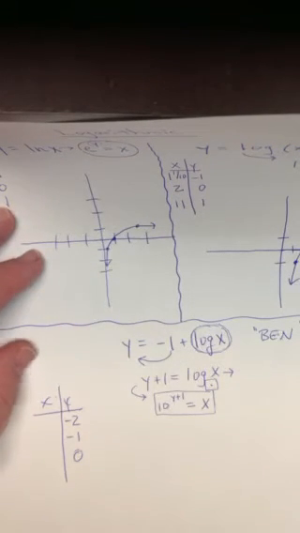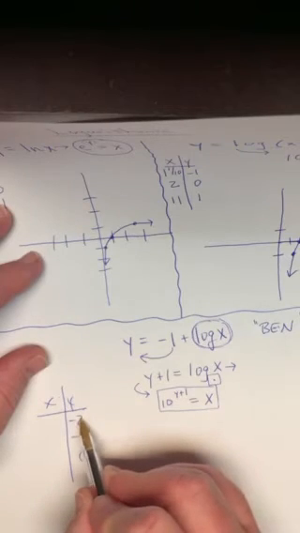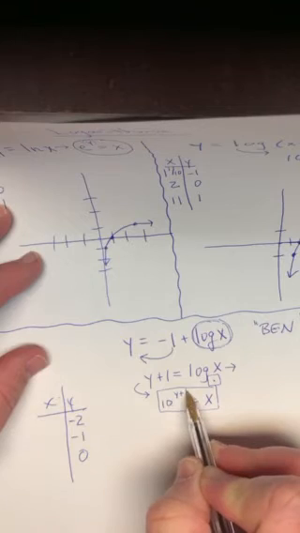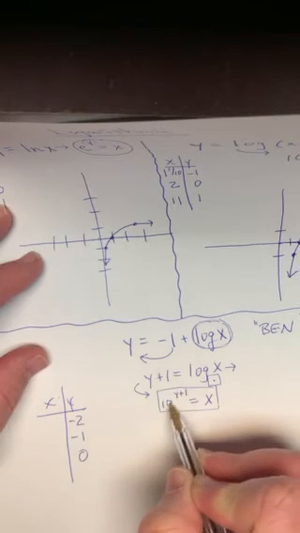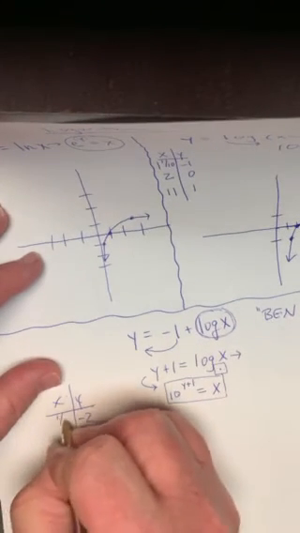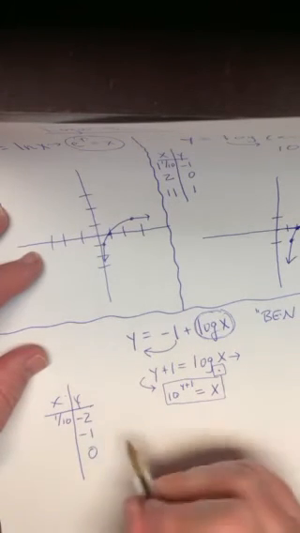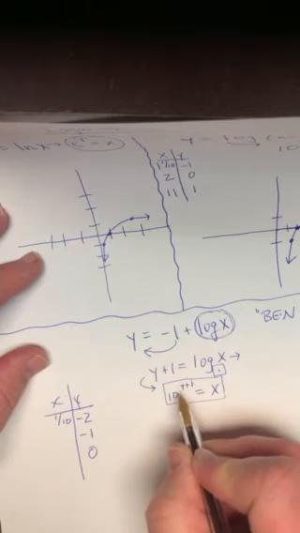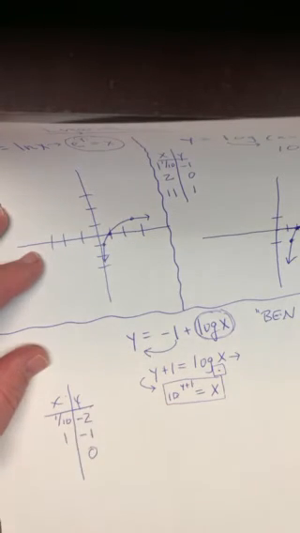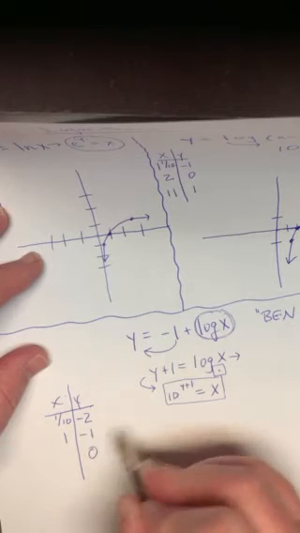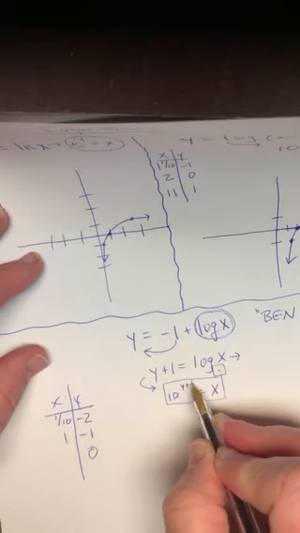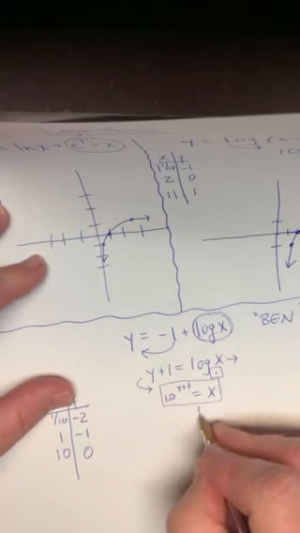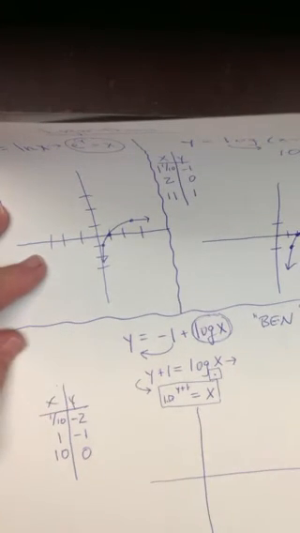If I take negative 2 and plug it in for y, what's negative 2 plus 1? That'd be negative 1. 10 to the negative first is 1/10. Plug negative 1 in for that y. Negative 1 plus 1 is 0, and anything to the 0 power is 1. Plug 0 in for y. 0 plus 1 is 1. 10 to the first is 10. And guys, I've created my 3 ordered pairs to plot.